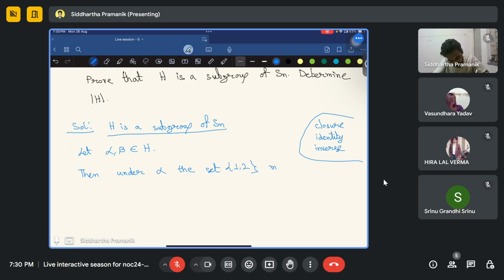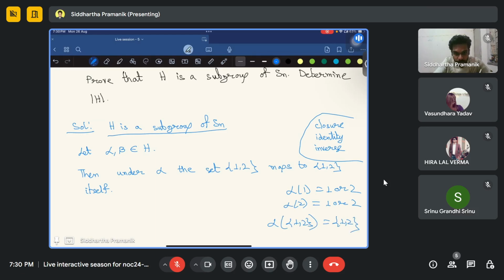This set maps to {1, 2} itself, because under alpha, alpha of 1 is equal to 1 or 2, alpha of 2 is also 1 or 2. So alpha of {1, 2} has to be {1, 2} because alpha is a bijection. So this is the same for beta also, right?